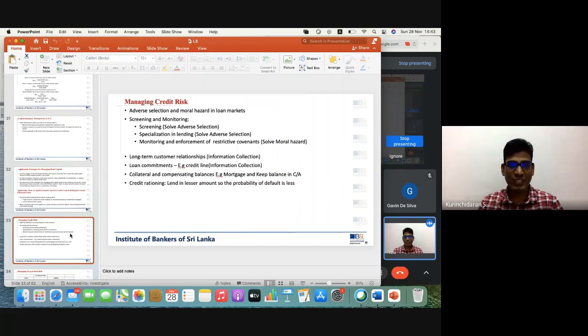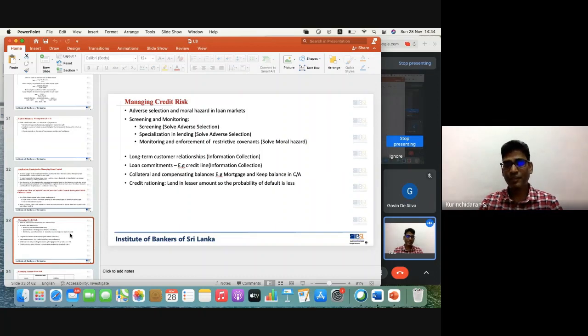And when it comes to specialization in lending, the banks have expertise in lending, so they have the screening process and monitoring process in place, so they can reduce adverse selection. And also through the monitoring process, after disbursing the loan, you can continuously monitor the customers.